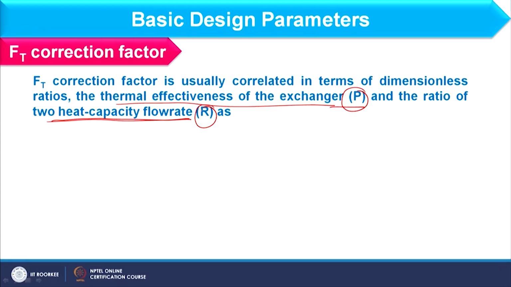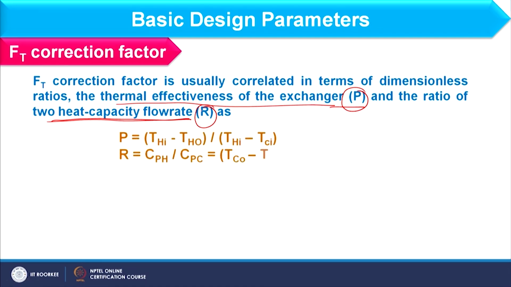So, what are P and R? P is the thermal effectiveness of the exchanger. It means how effectively heat transfer takes place in an exchanger.